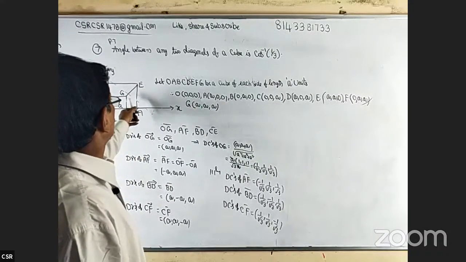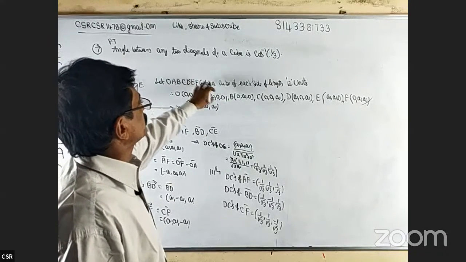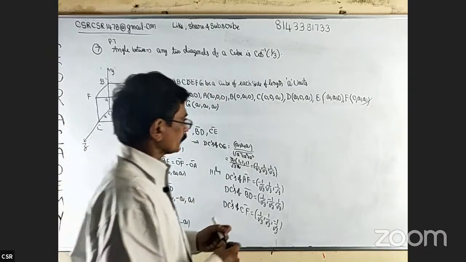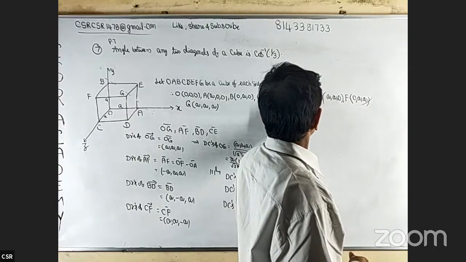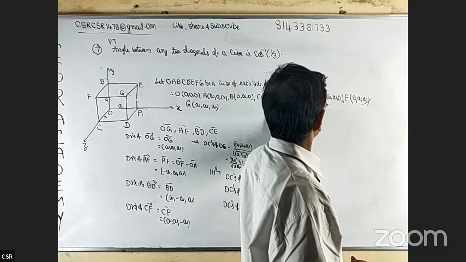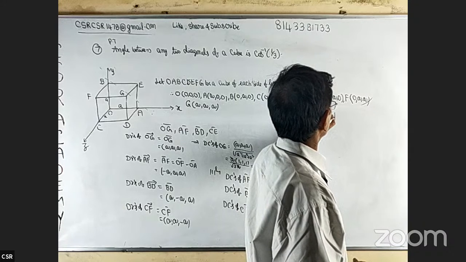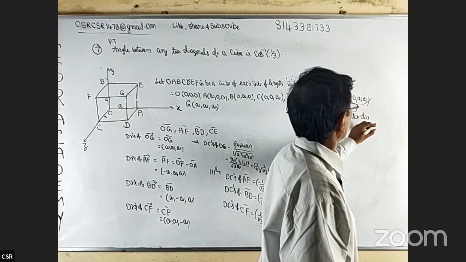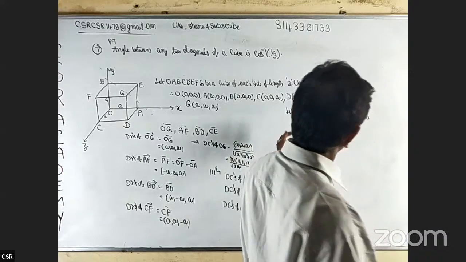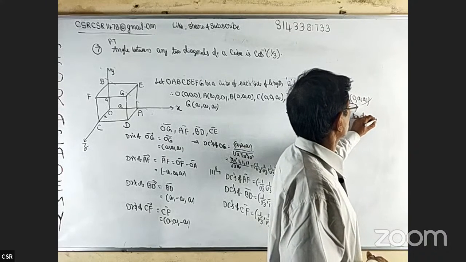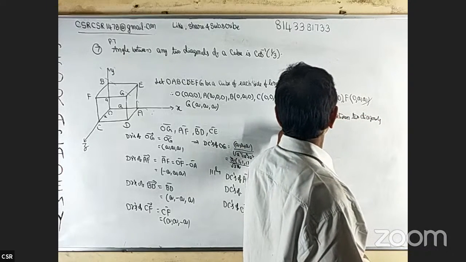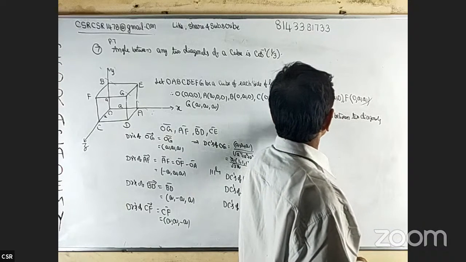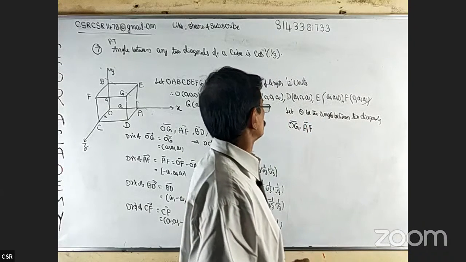Here O, A, B, C, D, E, F, G be a cube of each side of length A units, everything same, up to this is same. Let theta be the angle between two diagonals. We take any two diagonals out of these four, say OG and AF. Let theta be the angle between the two diagonals OG and AF.